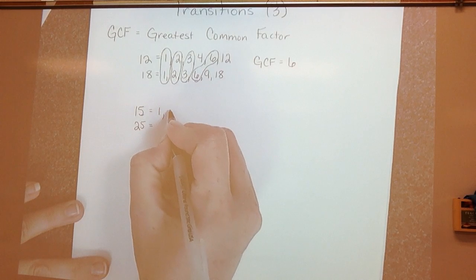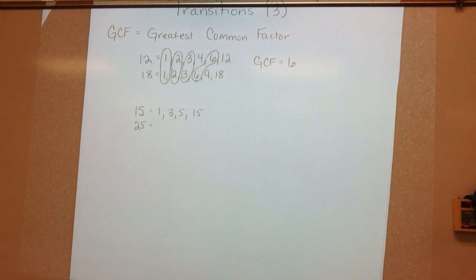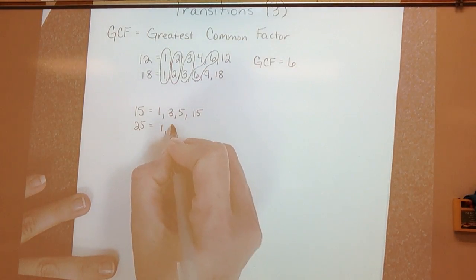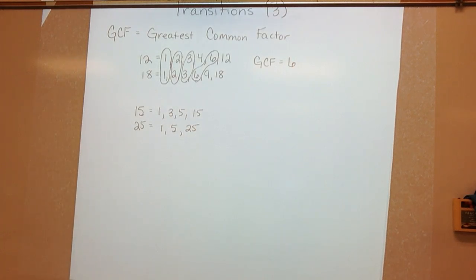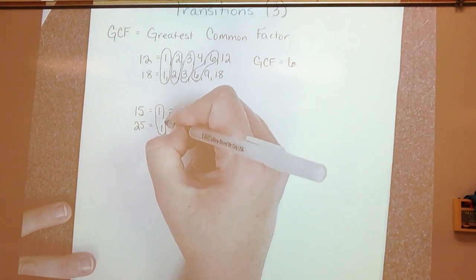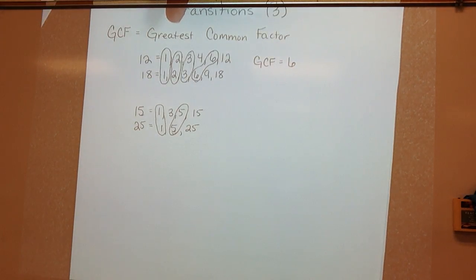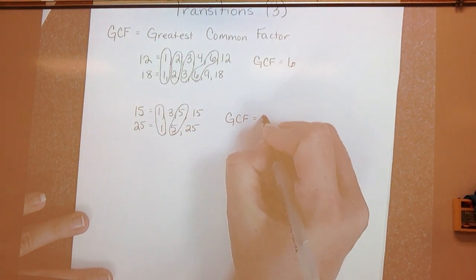So 1, 3, 5, 15. I need to list everything that goes into 25. 1, 5, 25. Notice I did not write 5 twice. Okay. I'm going to circle everything they have in common. Greatest, which means the biggest number they have in common. So the GCF would be 5.